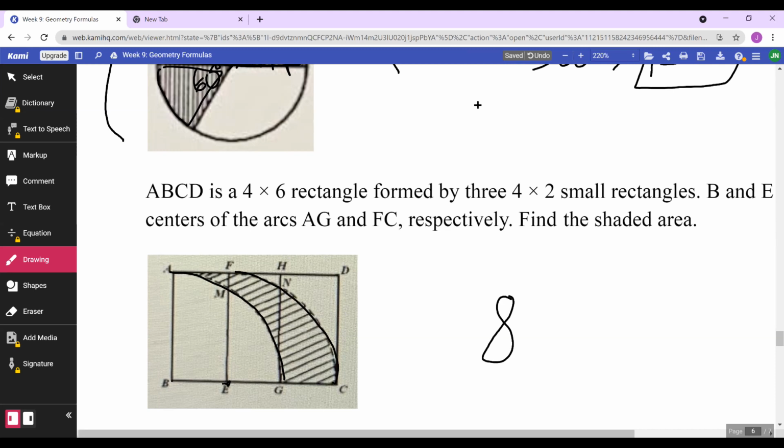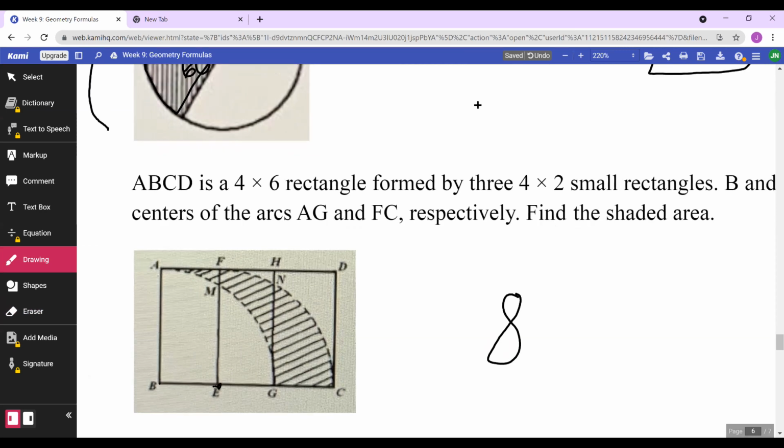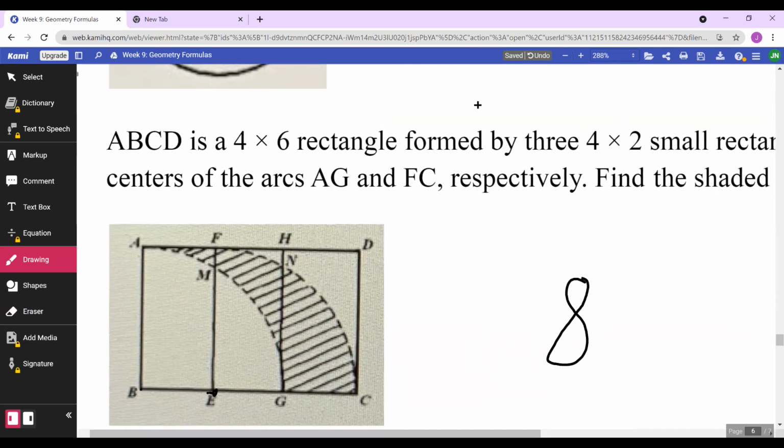So what you do is you see ABG is a quarter circle, and FEC is another quarter circle, and then all you have to do is find the whole area of the rectangle, then minus the tiny part.